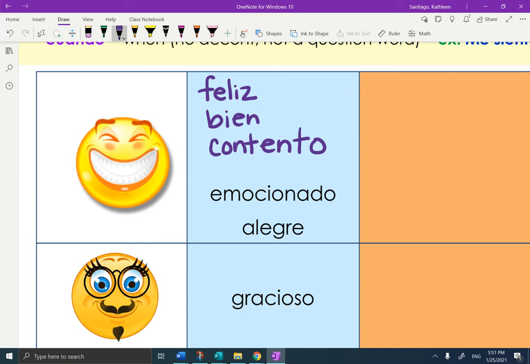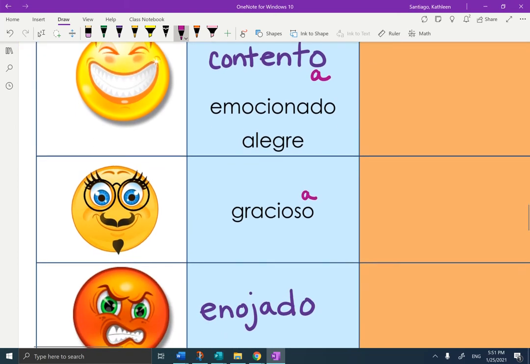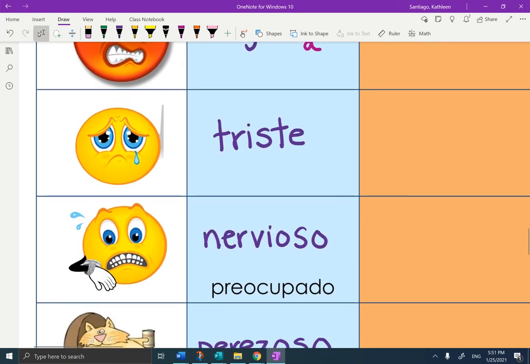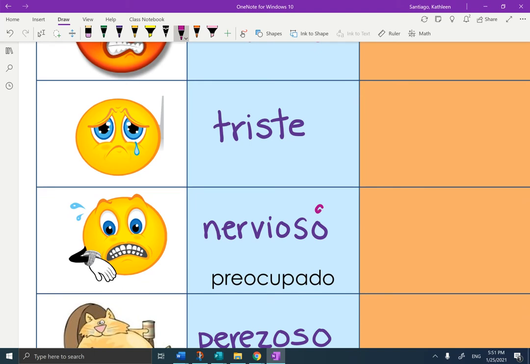Okay, now that I changed it to contento, I want to explain. When we learn them as vocabulary, we're going to learn them in the masculine form, but these are adjectives to describe your feelings. So if you are a girl, you would be contenta, graciosa. E is for everybody, so alegre stays. Yo me siento enojada. Triste está bien. Yo me siento nerviosa.